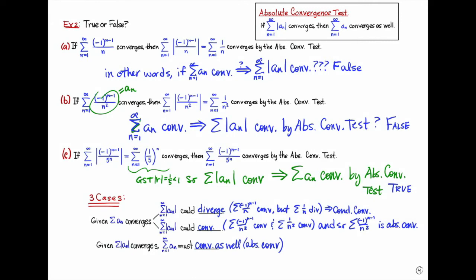So this is particularly useful when we're dealing with alternating series to determine if they are conditionally convergent or absolutely convergent. And absolute convergence is a stronger condition. It's a stronger type of convergence than something being just conditionally convergent. And at the end of the lecture, we can talk a little bit about why you would care about the difference between the two.